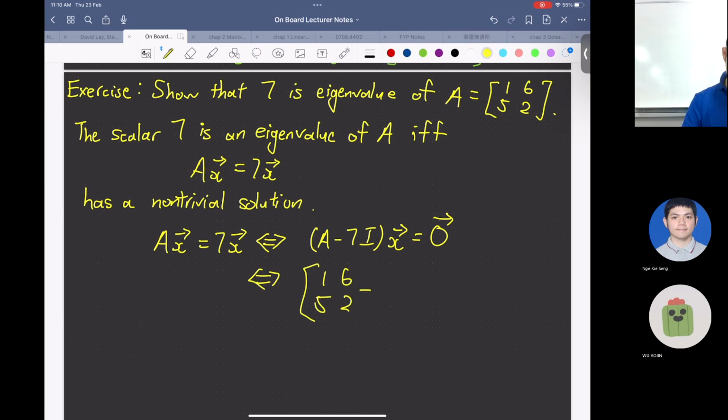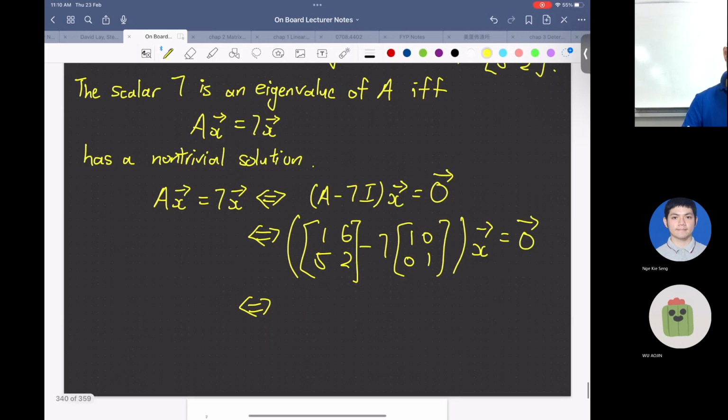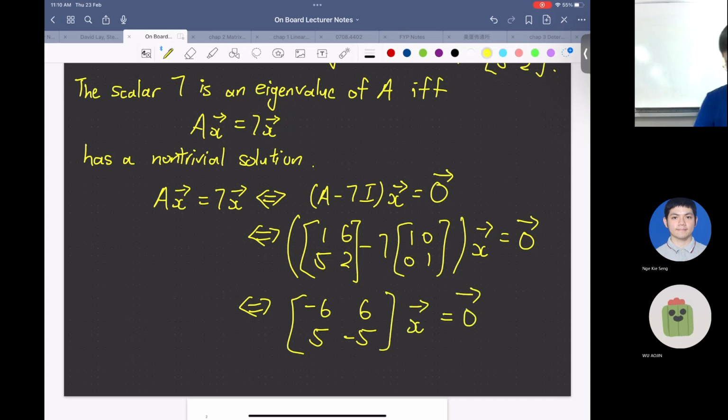It is the matrix 1 6 5 2 minus 7 times the matrix 1 0 0 1, times x, which equals minus 6 5 on the first row, and 6 minus 5 on the second row, times x equals 0.